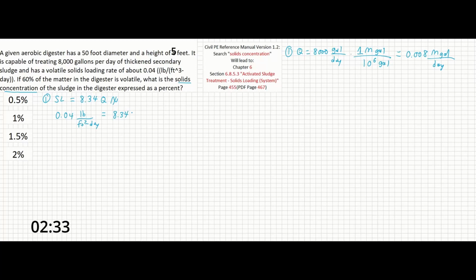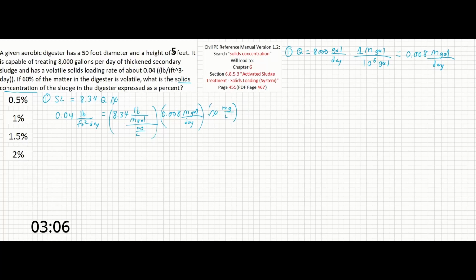The reference manual also contains the units for the 8.34 conversion number here. And that's going to be pounds over mgal all over milligrams per liter. Now Q we just solved for, and that's going to be 0.008 mgal per day. And then finally X is going to be milligrams per liter.